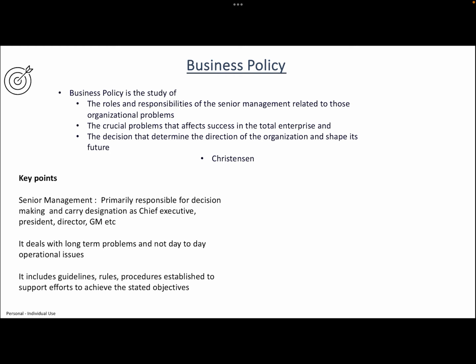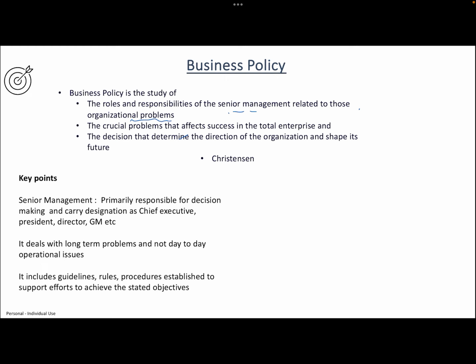If we go into detail, like what exactly the business policy meaning is, Christian has defined business policy as the study of the roles and responsibilities of senior management related to those organizational problems, those crucial problems that affect success in the total enterprise.